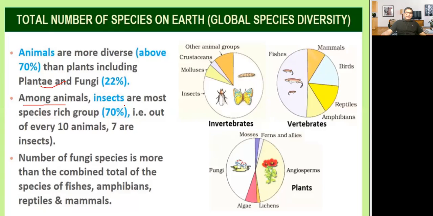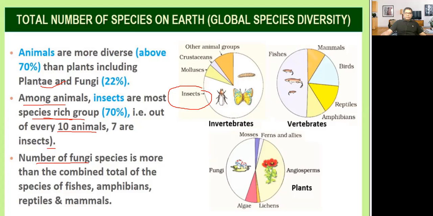Among animals, insects are the most species-rich group. Out of every 10 animals, 7 are insects.